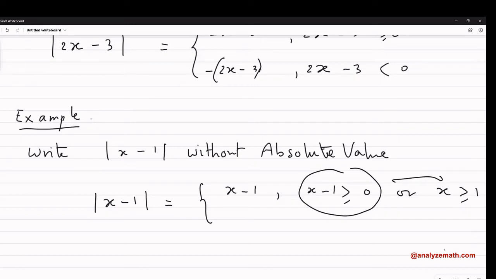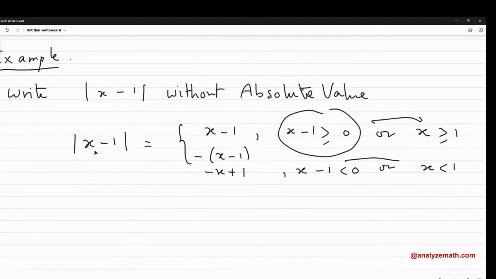Now, the absolute value of x minus 1 is equal to minus (x minus 1), which can be simplified as negative x plus 1. Now, this happens when x minus 1 is negative, and when you solve this, it gives you when x is less than 1.